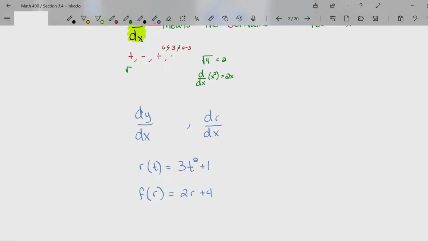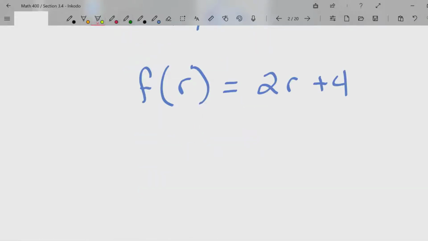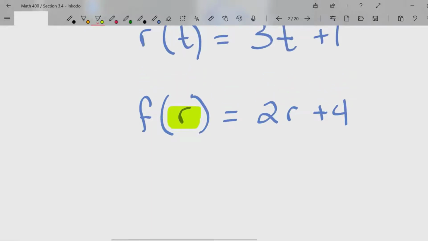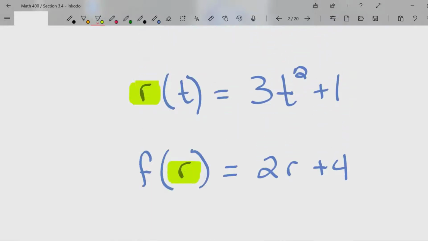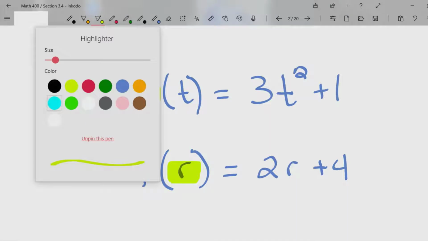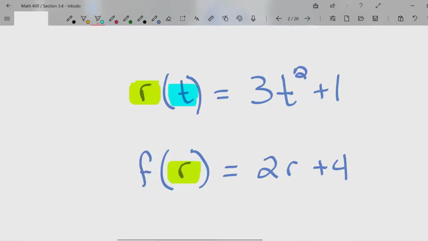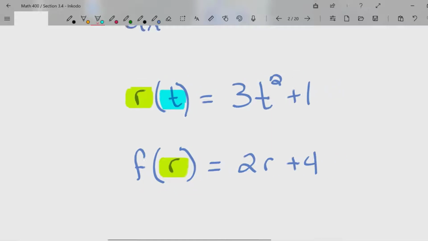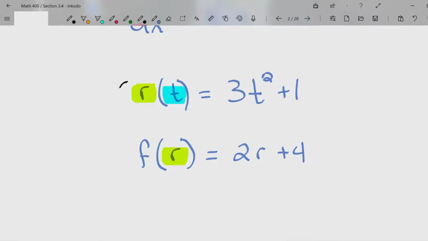So we have one function that is a function of r, yet at the same time, r is a function of a completely different variable t. We would call this a composition. You could actually figure out what f is in terms of time if you wanted to. If I had both of these definitions, somebody walked in the room, they said, oh hey, r of t is 3t squared plus 1.